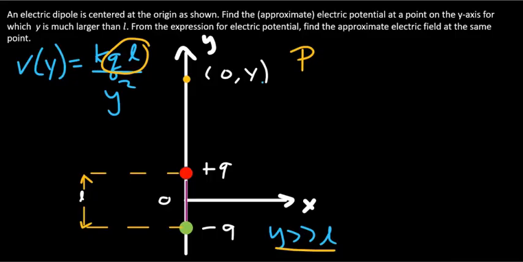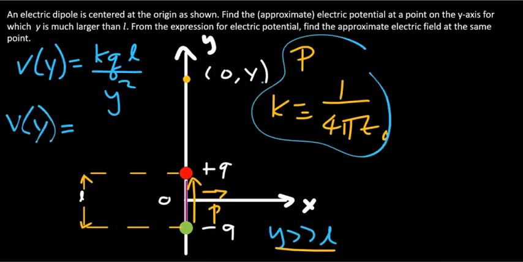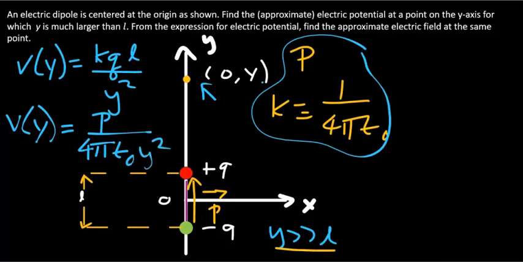Now in this case, the dipole moment, which is a vector, extends from the negative charge to the positive charge, like that, in an upward direction. Now we also recall K is 1 over 4 pi epsilon naught. So in terms of these terms, the potential at that point becomes P over 4 pi epsilon naught y squared.